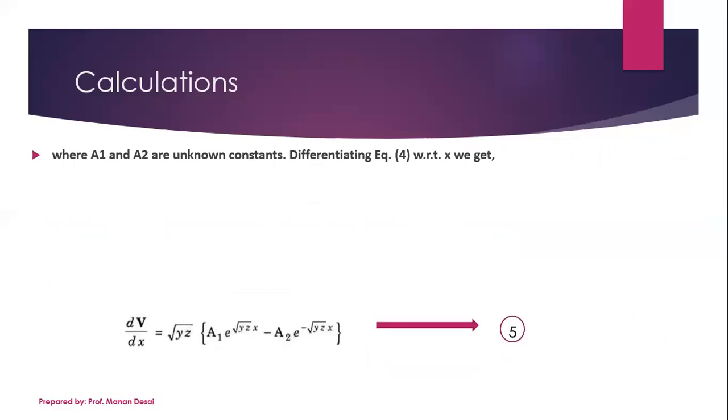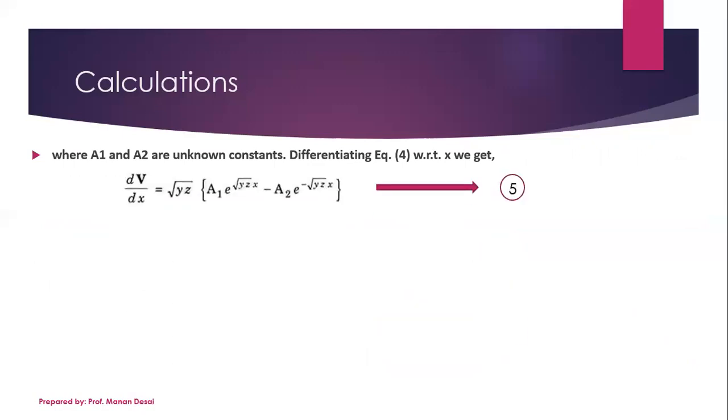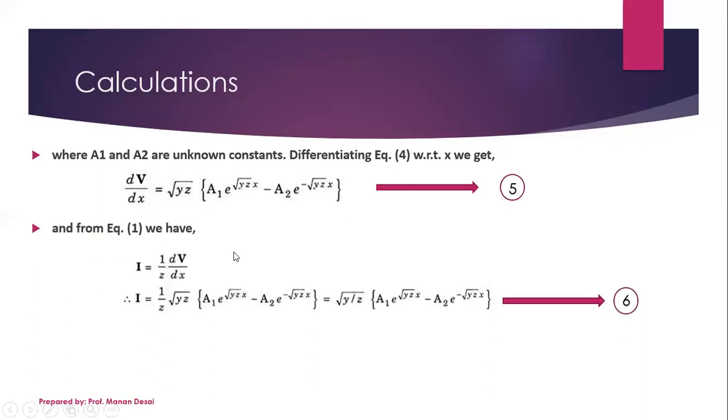We differentiate the voltage V with reference to x, and equation 5 is dV by dx equal to under root YZ A1 e to the power under root YZ x minus A2 e to the power minus under root YZ x. From equation 1, we have I equal to 1 upon Z dV by dx. So ultimately I is shown in equation 6.